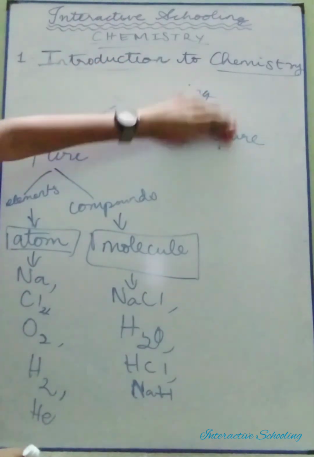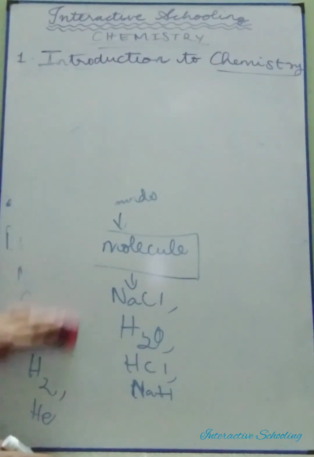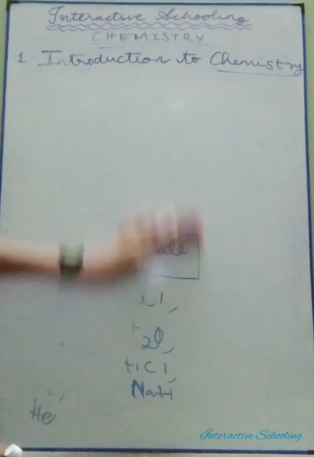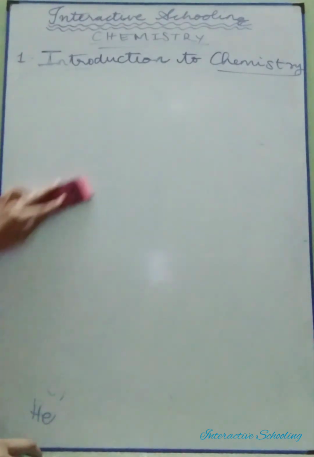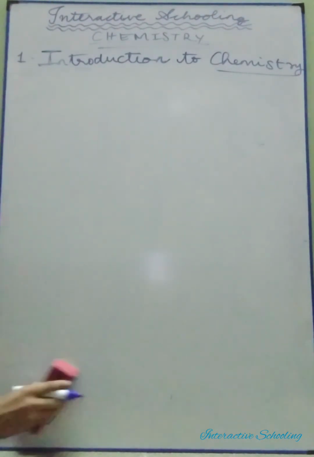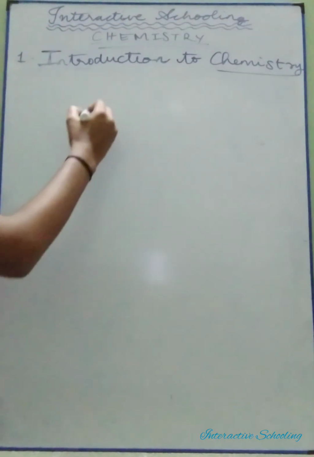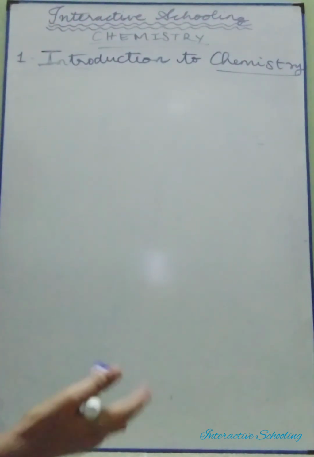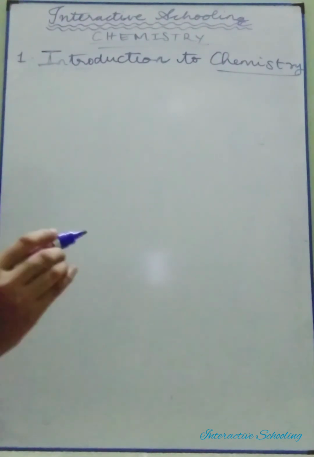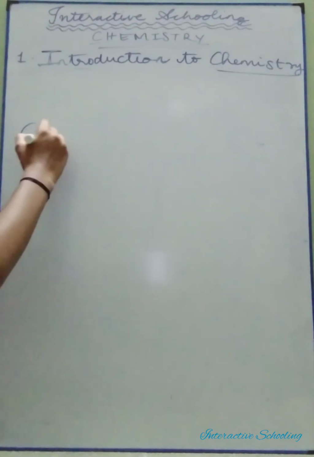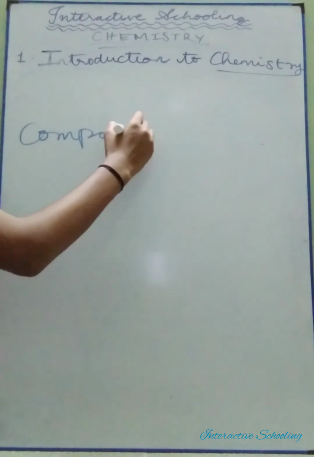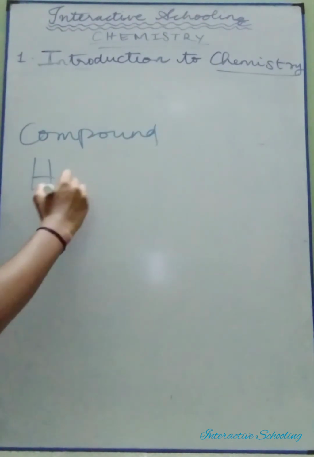Now let's take a look at impure substances. Impure substances are otherwise known as mixtures. Why? They are made up of different items, right? The main difference is, if you take compounds also, they are made up of different elements. But this compound has a fixed ratio, H2O.